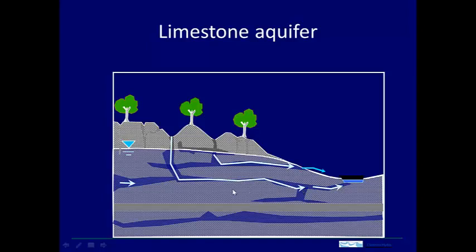So that makes them very vulnerable, and that means that in areas where there is a confining unit, given the development of this vertical open conduit, the confining unit can be an important protector of the aquifer against contamination coming down from the surface.